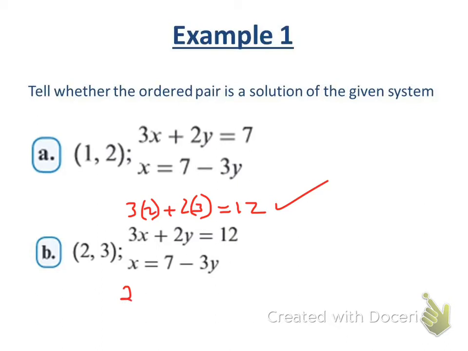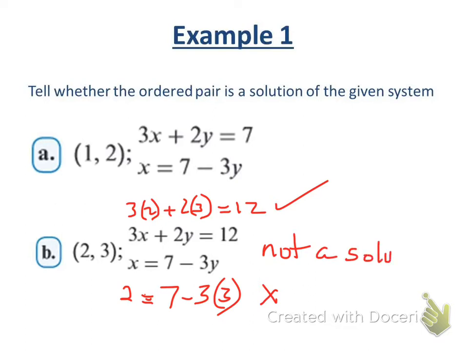Is 2 equal to 7 minus 3 times 3? No, it's negative 2. 7 minus 9 is negative 2, and this is not true, which means 2, 3 is not a solution to what? To the system. It's a solution to this linear equation, but in order to be a solution to the system, it has to be the point where the two lines intersect each other.